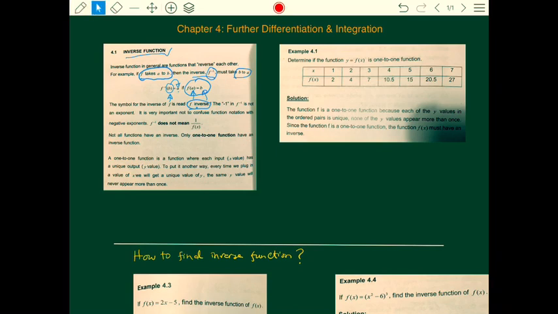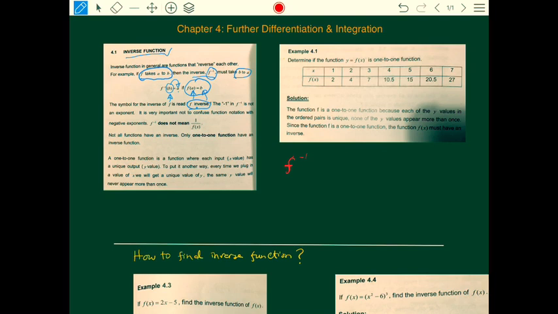Now the symbol -1 here, as in f inverse, we can write down like this: f inverse.